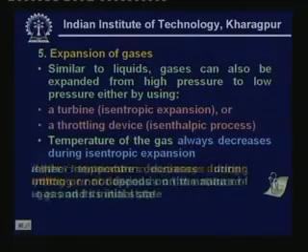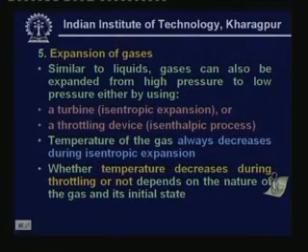Temperature of the gas always decreases during isentropic expansion. That means just like liquids, when I am expanding a gas using a turbine, its temperature always reduces. Okay, so in this aspect it is similar to a liquid, right? But when it comes to throttling, whether temperature decreases during throttling or not depends on the nature of the gas and its initial state. Okay, so whenever you are throttling a liquid, we know for sure that the temperature of the liquid reduces.